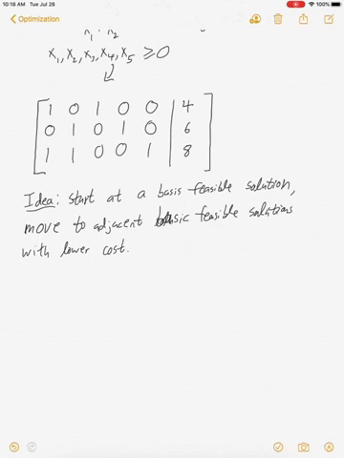So in our case, a basic feasible solution, let me abbreviate it BFS, is a solution, or is a value, it's a vector, that satisfies the equality constraints and also the constraint of all of the variables being non-negative.